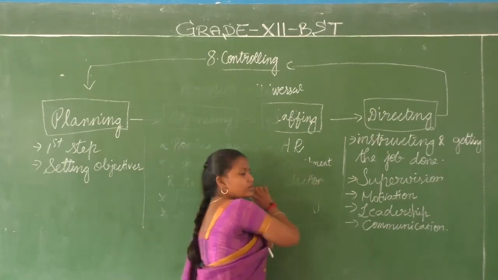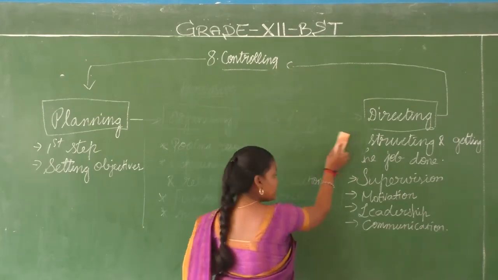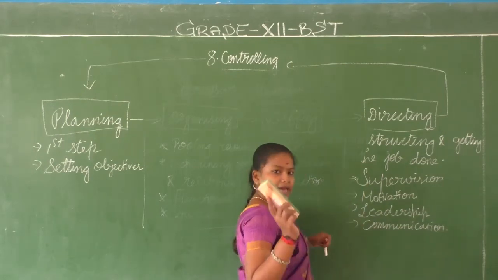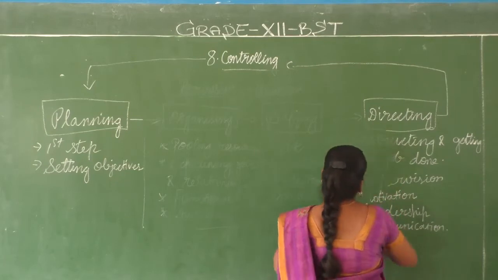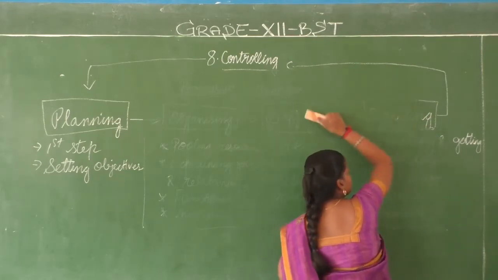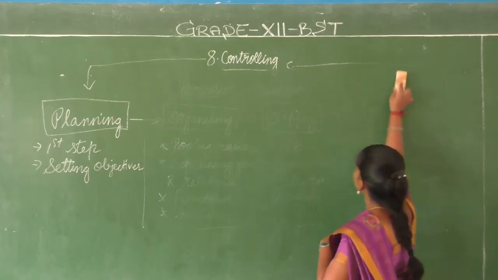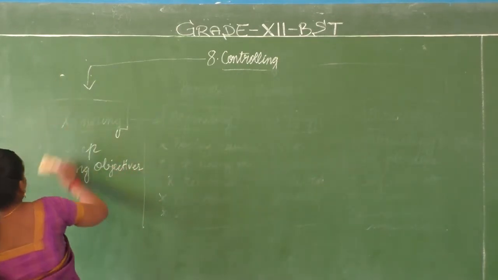So all these are pervasive functions, which tells you that management itself is pervasive. The characteristics of management are from this chapter. There we have dealt that management is what? Pervasive. Clear, children?